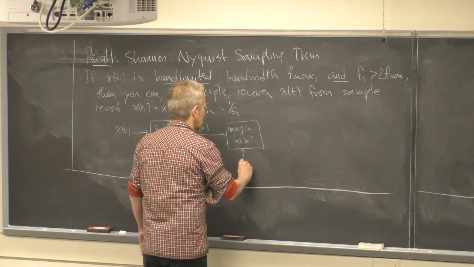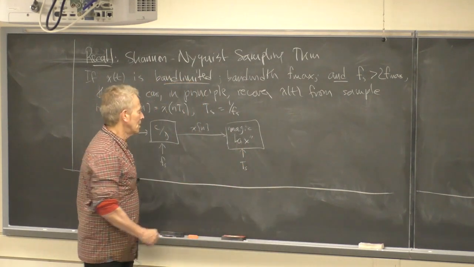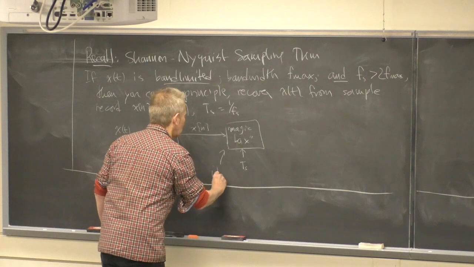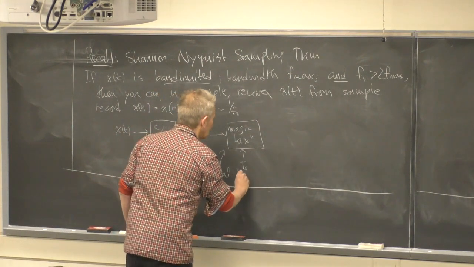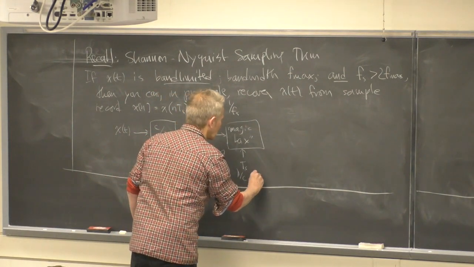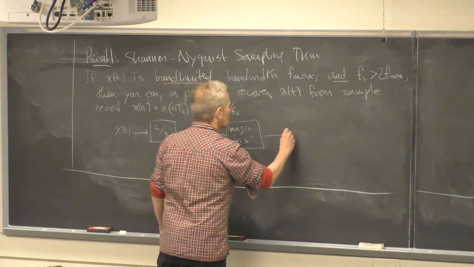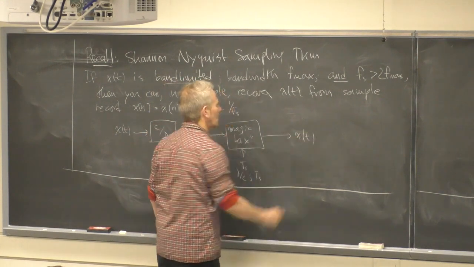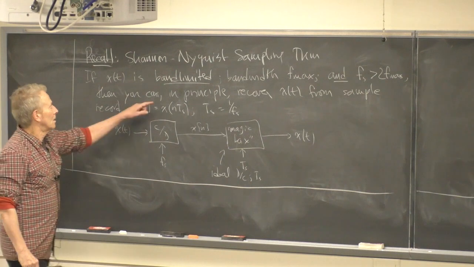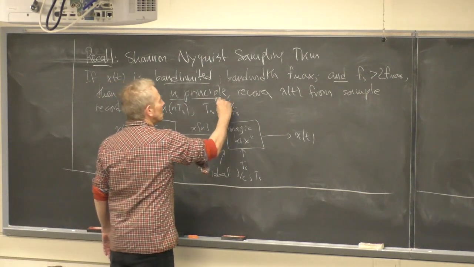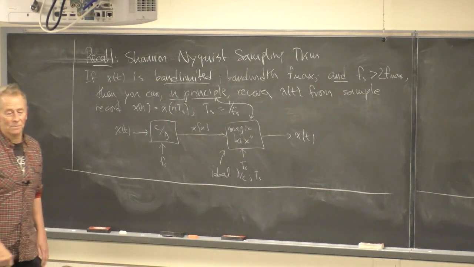This is what's called an ideal D to C with interpolation interval Ts. And what's going to come out of that is x(t). The in-principle reconstruction is what's happening inside this magic box.